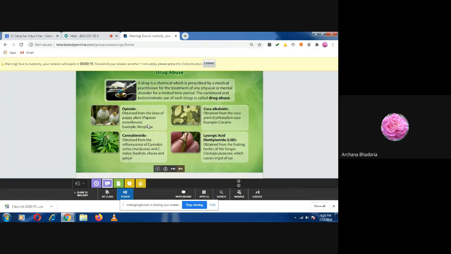Aditya, name the plant. Poppy plant. Tell me the scientific name. Ma'am, Papaver somniferum. Correct. Everyone should learn it.